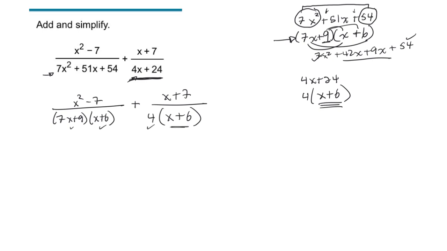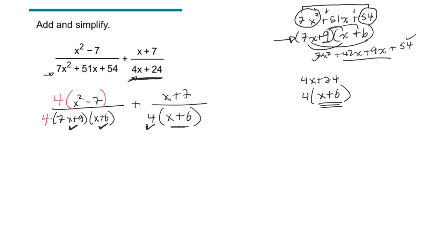My common denominator is going to include this one, and this one, and this one, because the x plus 6 I already have. The thing that this first fraction doesn't have is a 4. So I need to multiply this by 4, but if I do that on the bottom, I'll also need to multiply the top by 4.